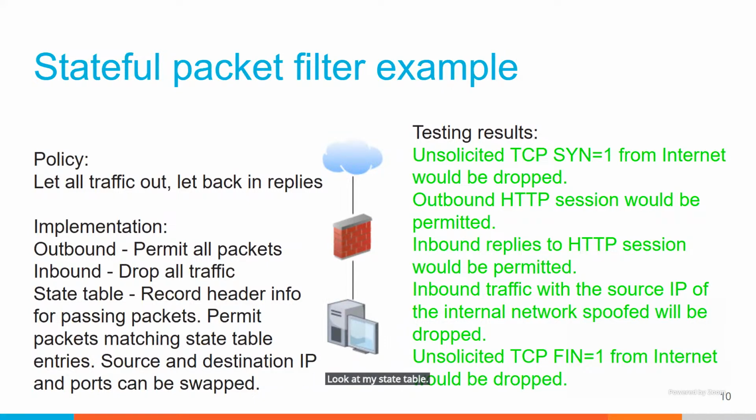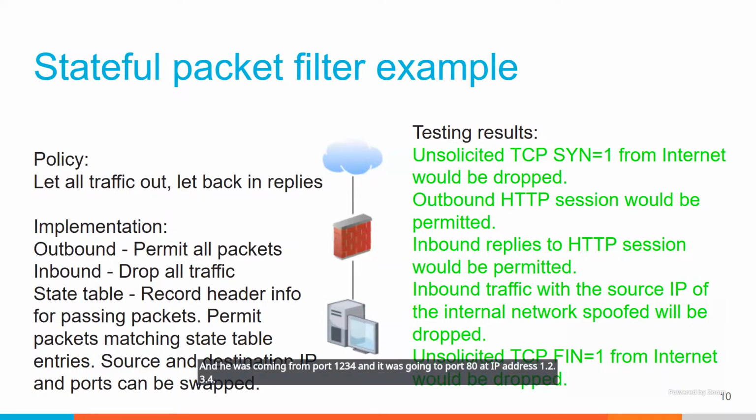If the reply matches something in the state table, let that through. To give you an example, I send a SYN packet to a web server. That matches my outbound rule that says let anybody go out, and that's fine. And then a state table entry gets made that says, okay, Chris's system was at 192.168.1.10, coming from port 1234, going to port 80 at IP address 1.2.3.4.